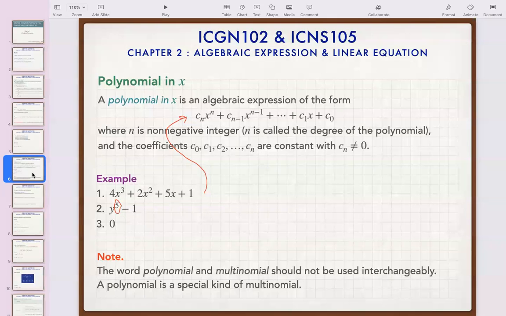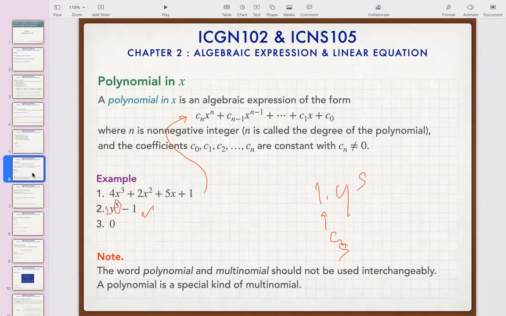And the coefficients are constants with c_n not equal to 0. You can see that c_n here is 1, 1 times y to the 5. So this one is c_n, or c_5, which is not equal to 0, it is 1. So that's why this is also a polynomial as well.